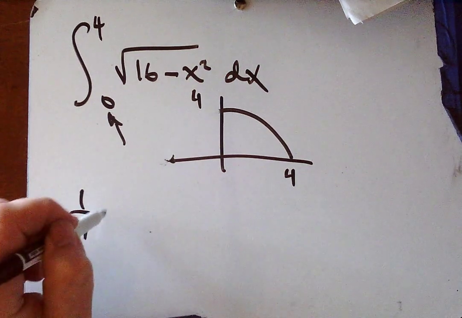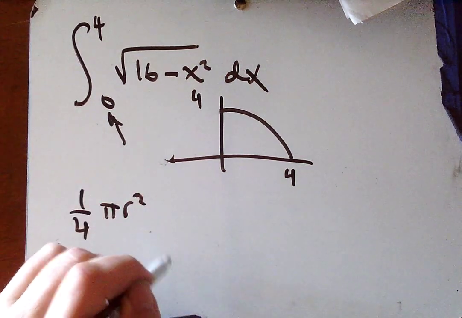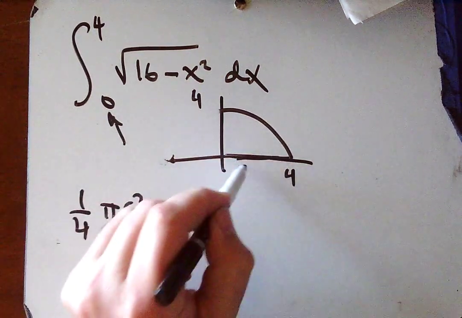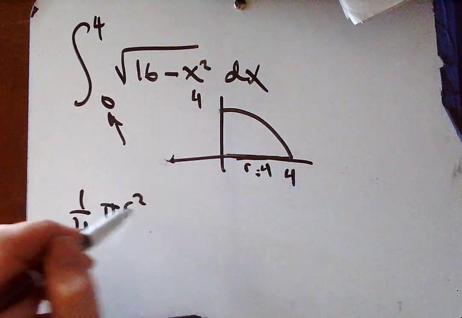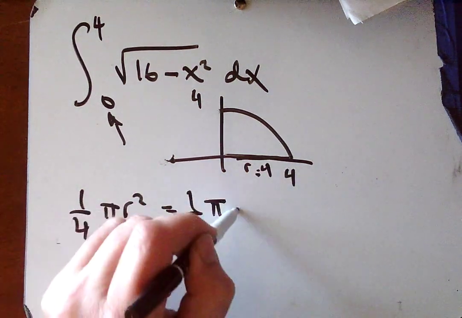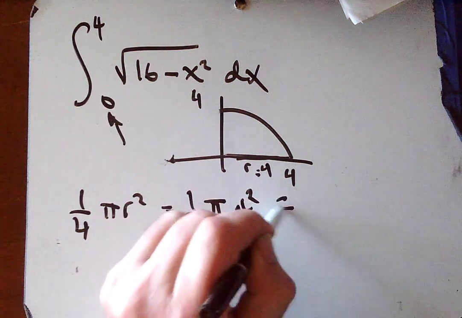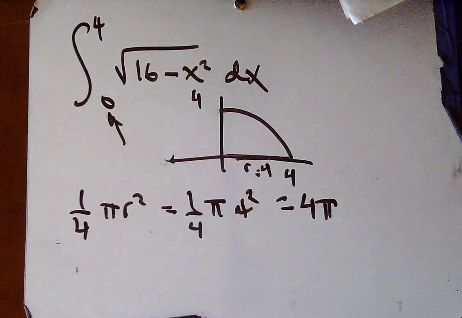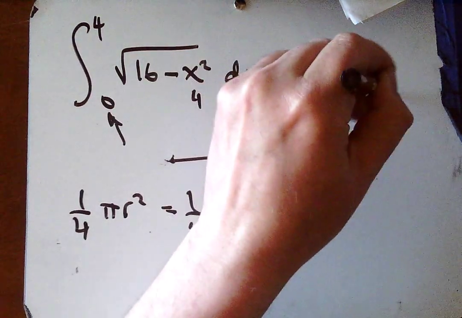So I want 1/4 pi r squared. Our radius is 4, so we've got 1/4 pi 4 squared, and we end up with 4 pi.